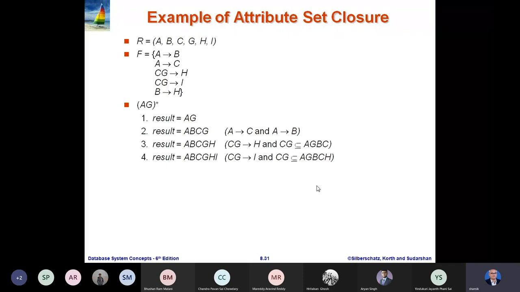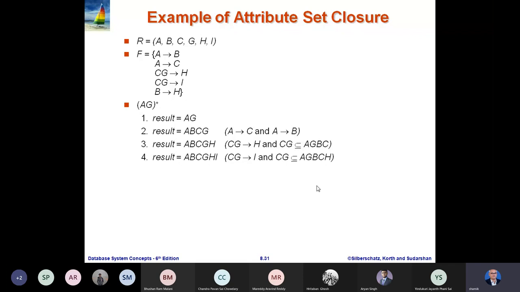But whether AG is a candidate key: if A also functionally determines ABCGHI, then AG cannot be a candidate key, and likewise if G is also a super key. But if not, then of course AG is a candidate key. And here you can figure that out if you try to compute A plus.